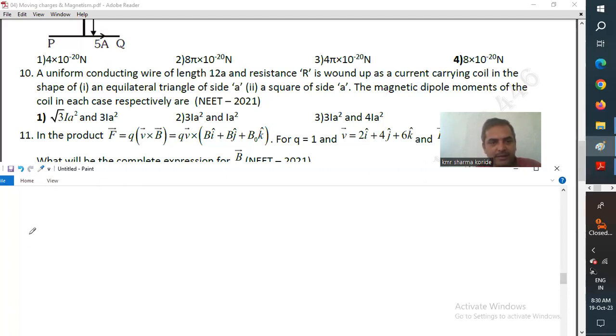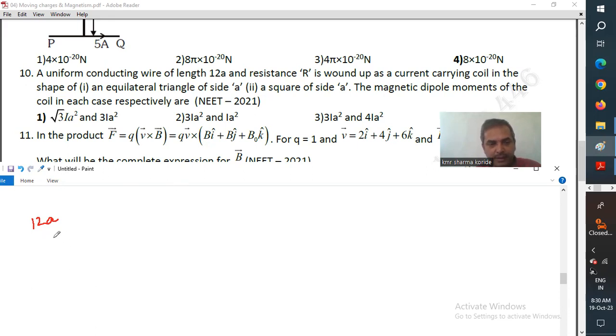So first understand that this 12A is the length of the wire, which is made as a triangle. So first we need to find out how many turns you can prepare. How many turns of the equilateral triangle you can prepare making use of 12A.